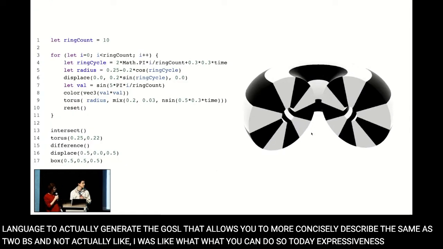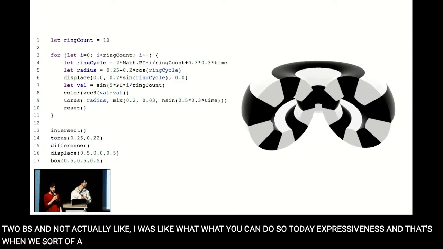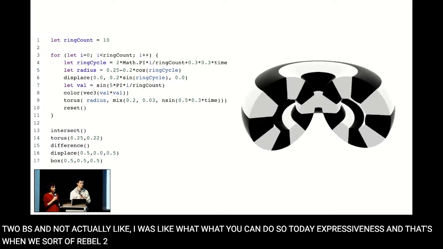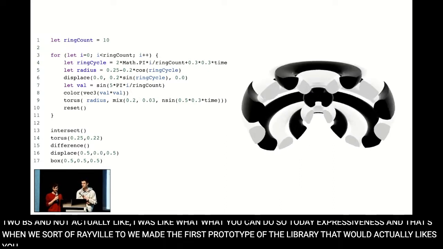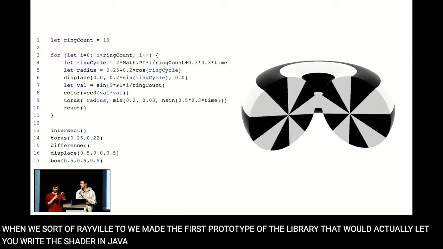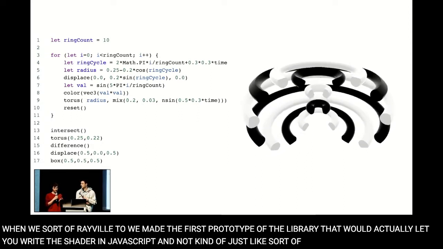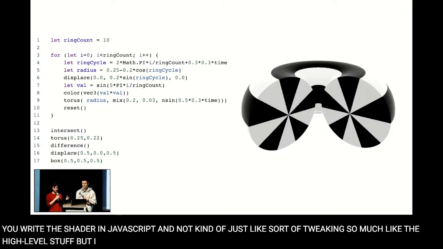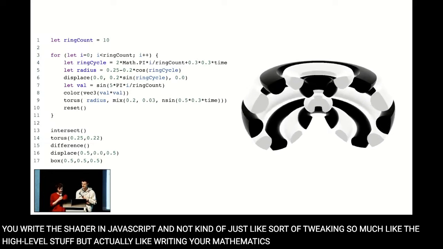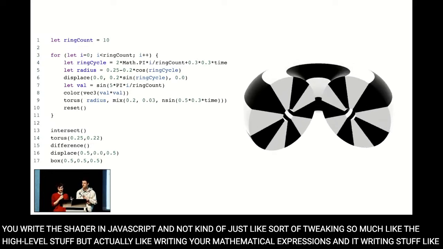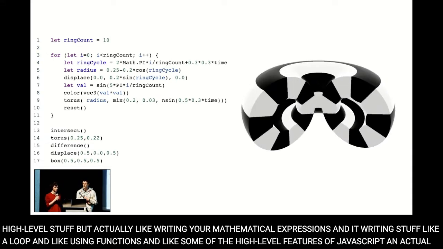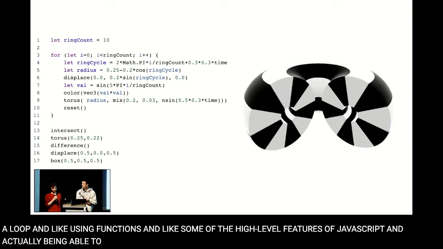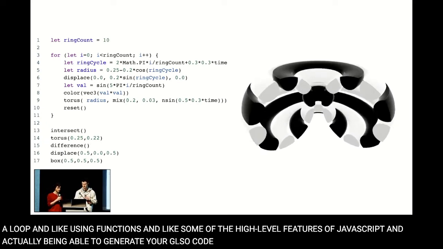And that's when we made the first prototype of the library that would let you write the shader in JavaScript, not just tweaking some of the high level stuff, but actually writing your mathematical expressions in it, writing a loop and using functions and some of the higher level features of JavaScript and being able to generate your GLSL code using much less.